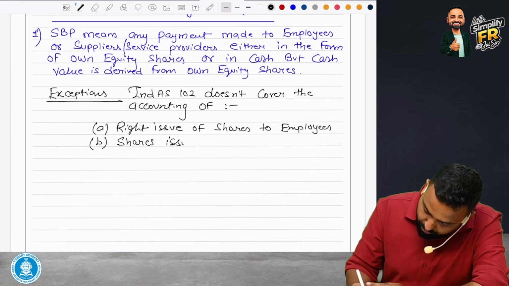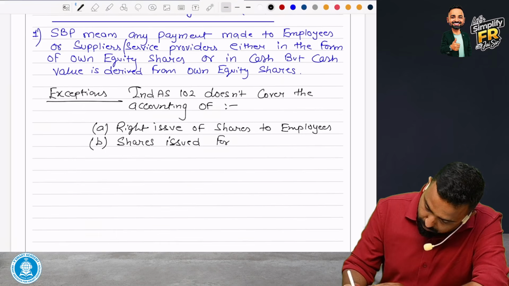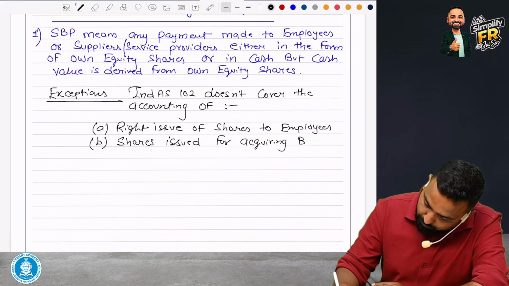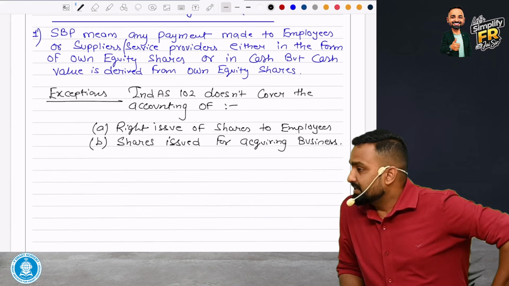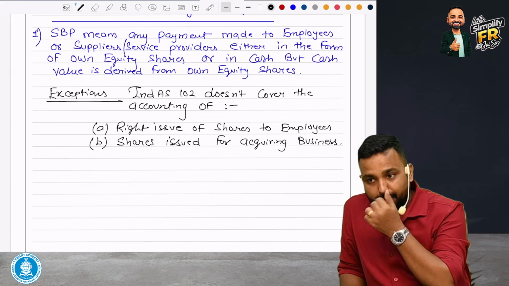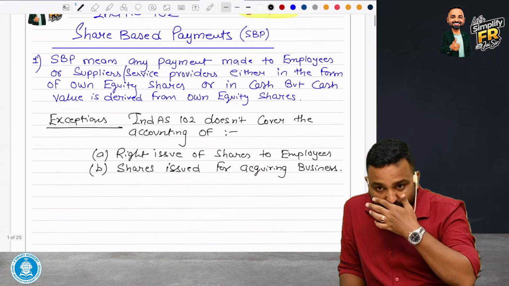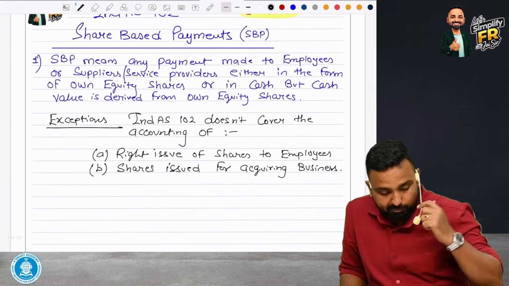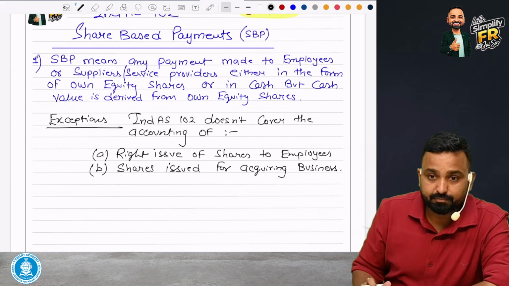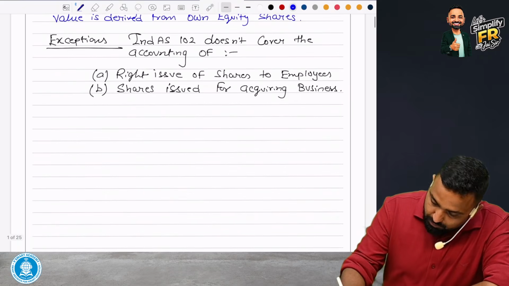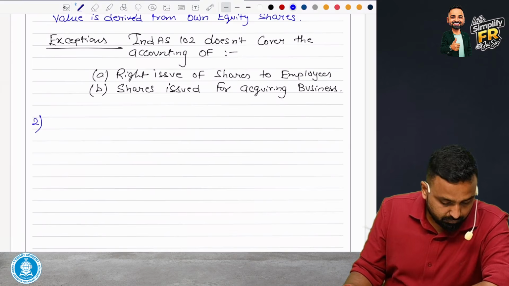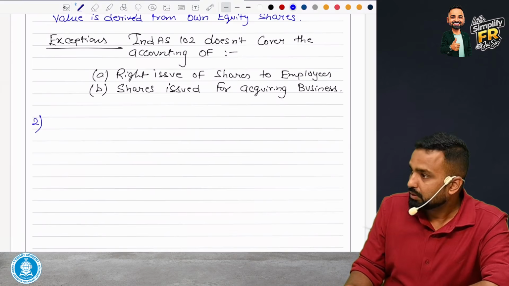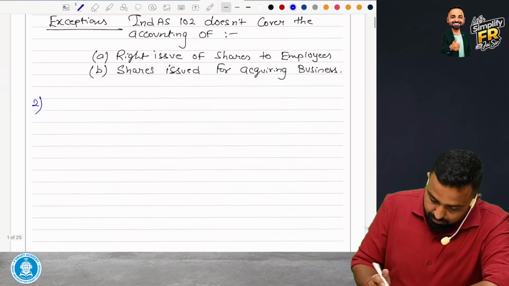Number two, shares issued for acquiring business. Shares issued are for acquiring business. These two are not covered. Done? Okay.